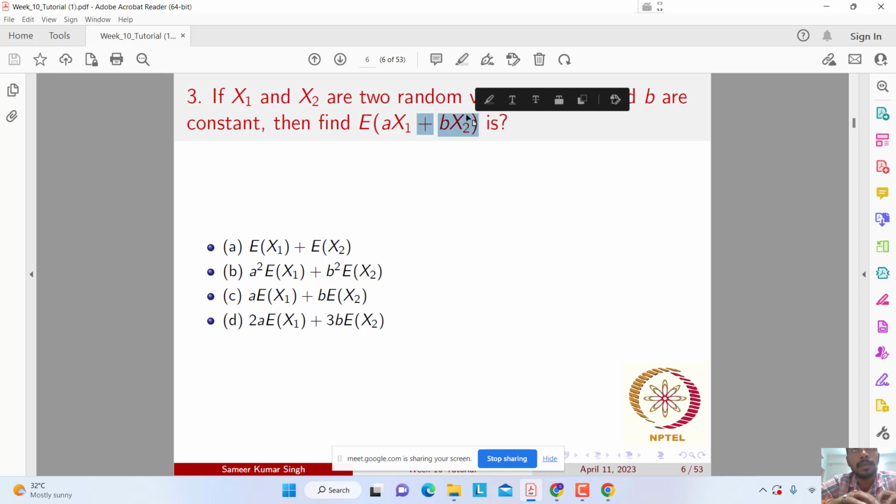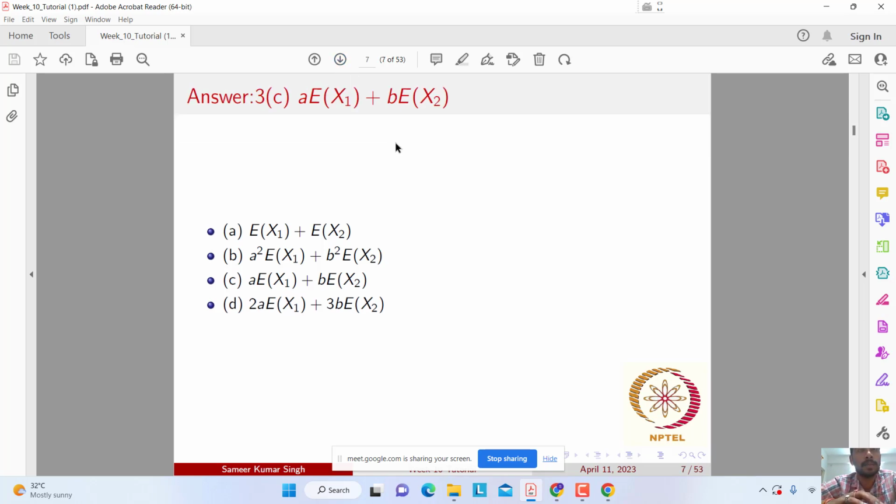No, it will be C, because a is the constant. It will come outside. B is also a constant. Okay, the answer will be C. Is it clear to everyone?